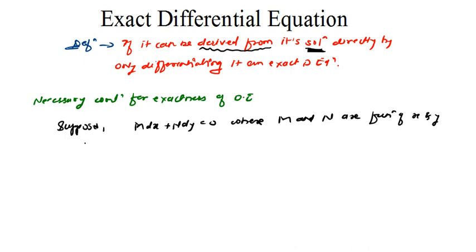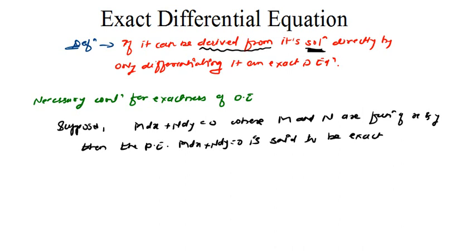Then the given differential equation M dx plus N dy equal to 0 is said to be exact if and only if it satisfies this condition, and the condition is ∂M/∂y equal to ∂N/∂x.